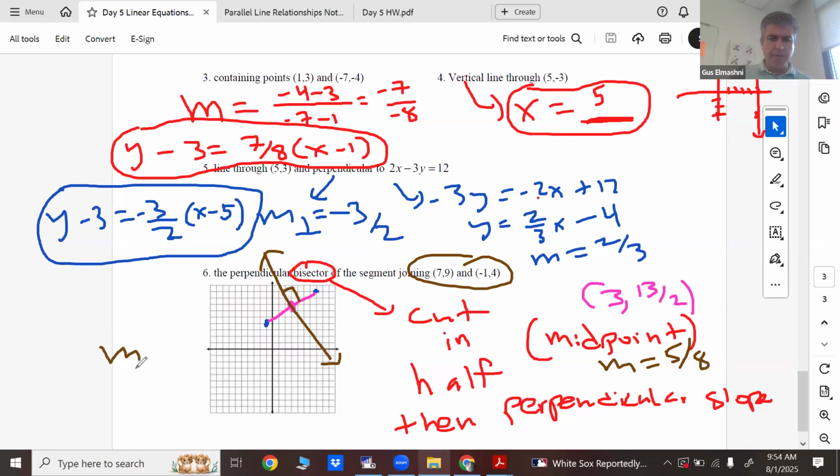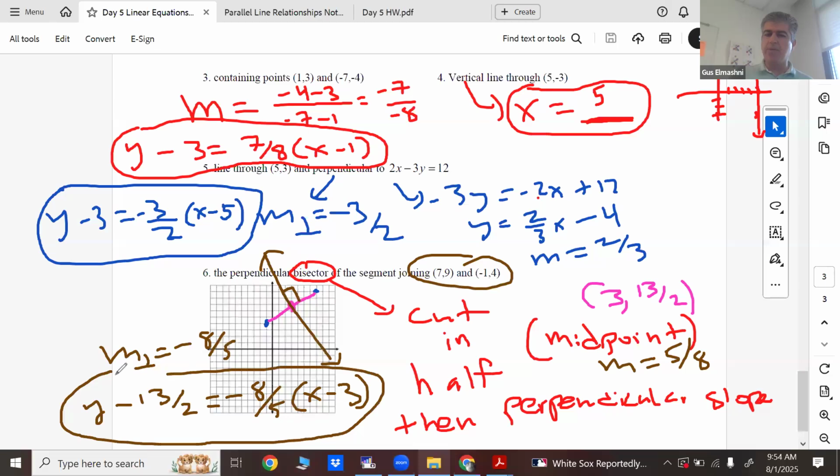So your perpendicular slope is going to be -8/5. So you're going to say y minus the midpoint. So we're definitely using point slope form. -8/5 times x minus 3. That's definitely a more challenging one. I think we need to review this next week for sure.